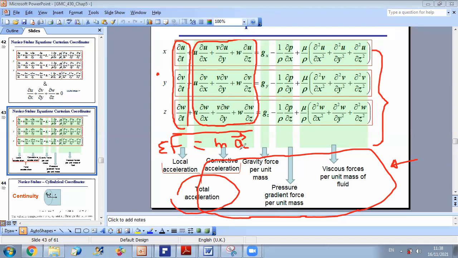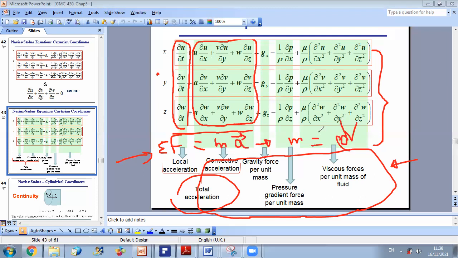So here, we simplified by saying that m is rho times dv, and we simplified both sides by rho and dv.